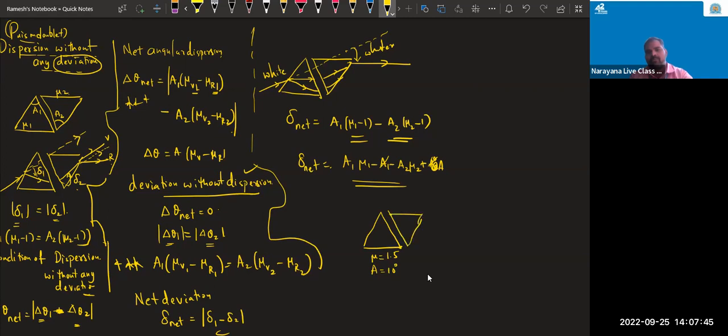And one more prism, mu is equal to 2.5, A is equal to 20 degrees. Find the net angle of deviation. Find the net dispersion.